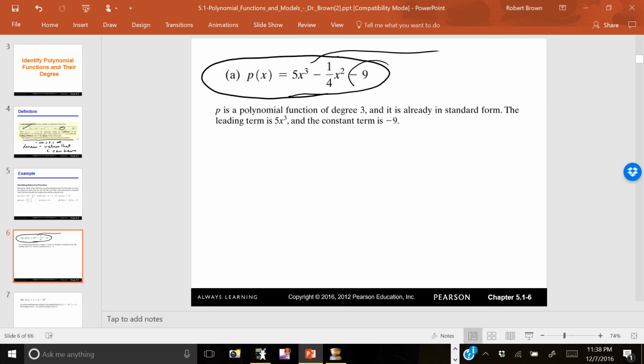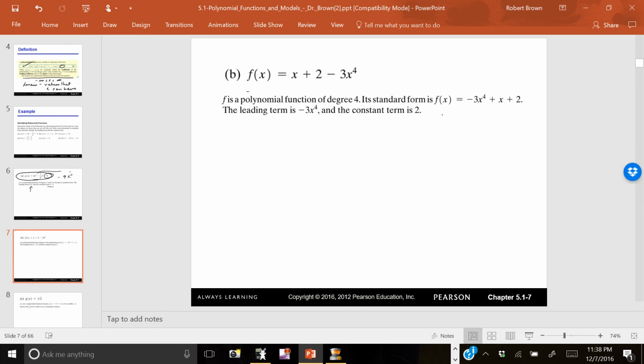It does have a constant term, minus 9. That would just be minus 9x to the 0 power. Of course, x to the 0 power is 1, so that's minus 9. So the leading term is 5x cubed, and the constant term is minus 9.